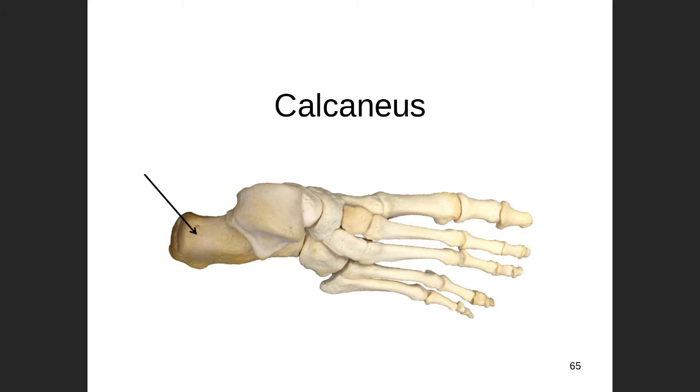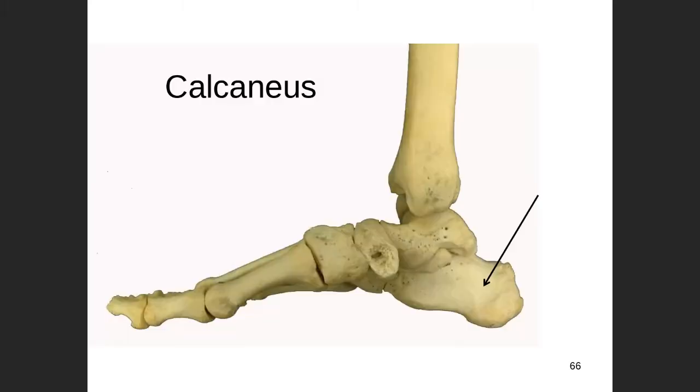Let's look at it from the medial side. All right, here's the medial side. Again, how do I know this? Well, here's the big toe. I've only got 2 phalanges here. And plus, I can't even see the fibula up here. I just see the tibia.